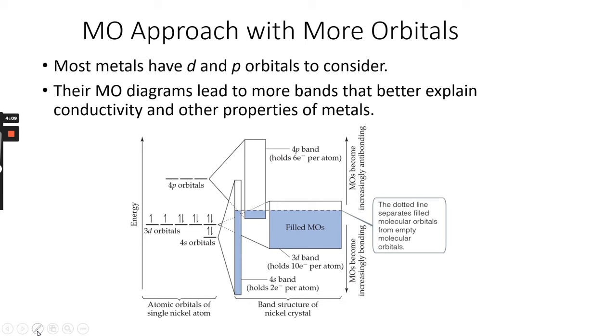So their band diagrams or molecular diagrams are a little bit more complicated. I just wanted you to see this. You don't have to actually understand it, but just see that it is more complicated. But again, what they're doing is they draw this line here where the bottom part are your bonding molecular orbitals and your top are your anti-bonding.